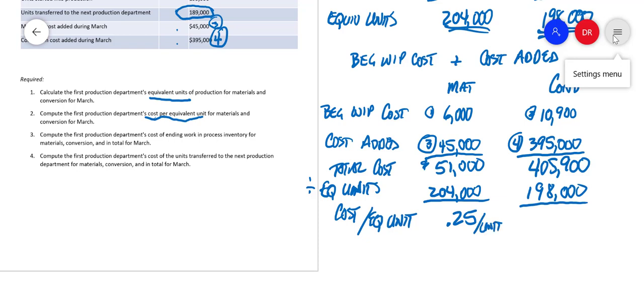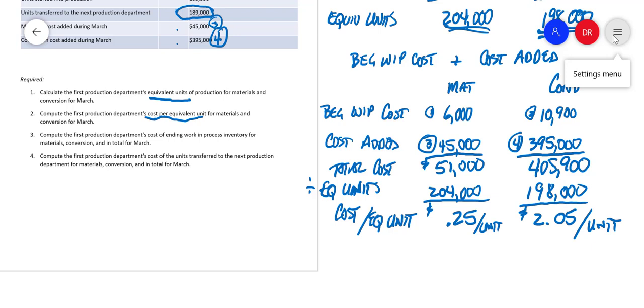For the conversion cost, you get $2.05 cost per unit. All right. Okay. So that is number 2.